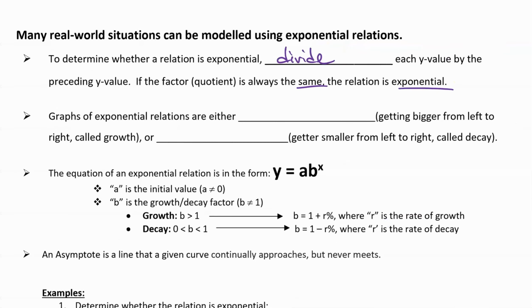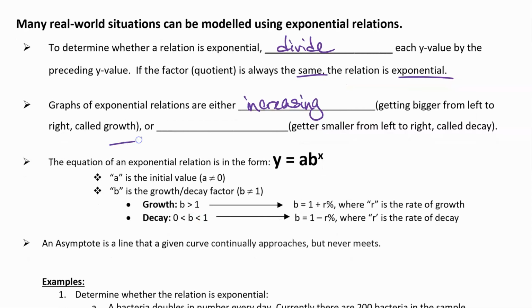Graphs of exponential relations are either increasing, that's getting bigger from left to right, and that's what we call growth, right? Or the graphs can be decreasing, getting smaller from left to right, and that's what we call decay.